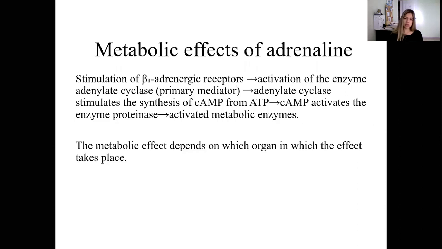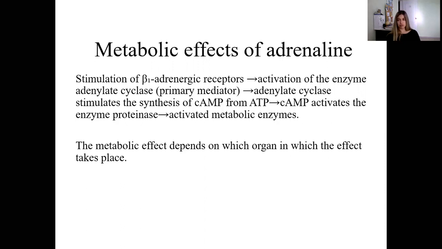ATP, you know what this is. And this cyclic adenosine monophosphate activates the enzyme protein kinase, which then leads to activation of metabolic enzymes. The metabolic effect depends on the organ in which the effect takes place.